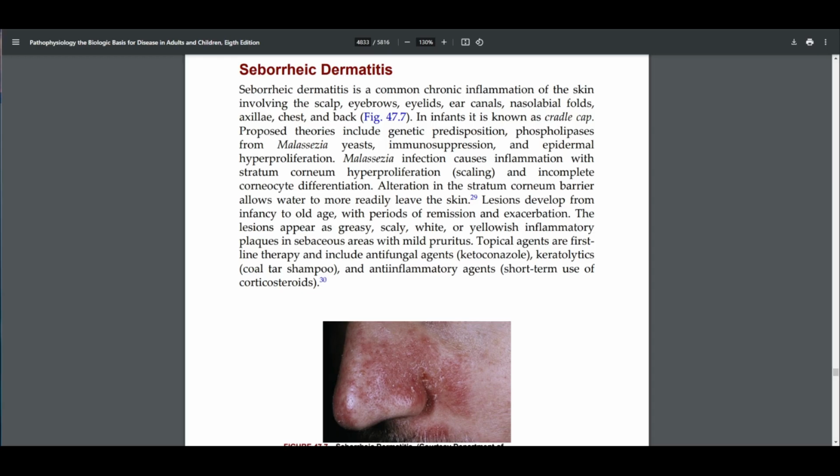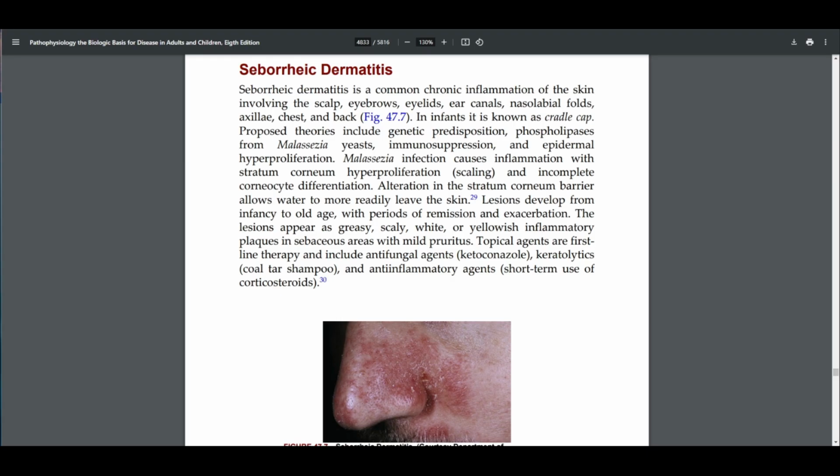Proposed theories include genetic predisposition, phospholipases from Malassezia yeast, immunosuppression, and epidermal hyperproliferation. Malassezia infection causes inflammation with stratum corneum hyperproliferation and incomplete corneocyte differentiation. Alteration in the stratum corneum barrier allows water to more readily leave the skin.